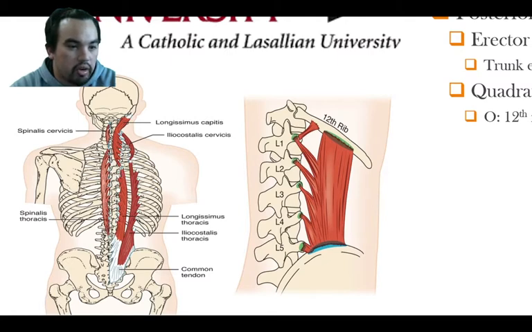You can see how they're all little attachments to all the little facets and the spinous processes on this posterior aspect. So when you are palpating along the spinous process, the muscles to the lateral and medial sides of that spinous process, that big muscle group, that's your erector spinae.